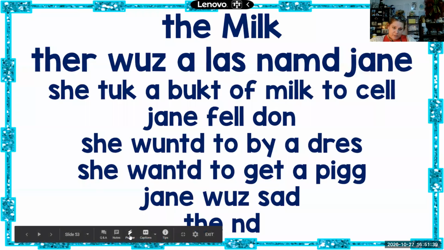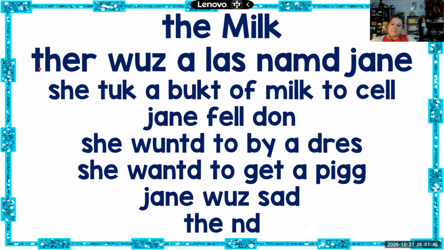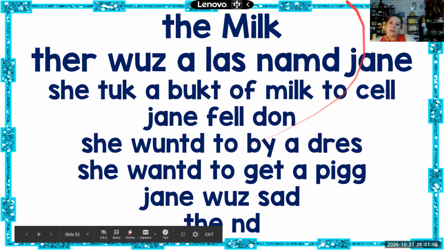Let me turn my pointer back on. This T needs to be capitalized. This T needs to be capitalized. There is spelled wrong. Was is spelled wrong. Last is spelled wrong. Named is spelled wrong. We have a lot of things that Mr. Mouse needs to have edited and corrected.